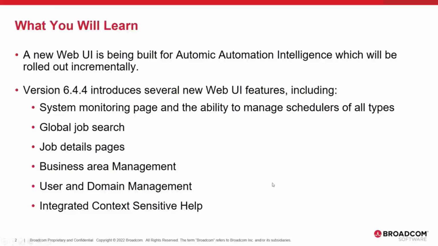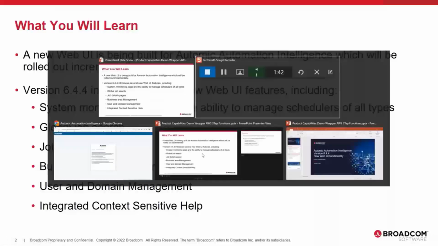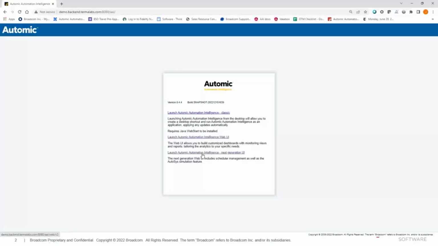Lastly, we'll also be taking a look at the integrated context-sensitive help, which is now available in the Web UI and will continue to evolve as the user interface itself evolves. So with that, I'm going to switch now to a demonstration of the new functionality.